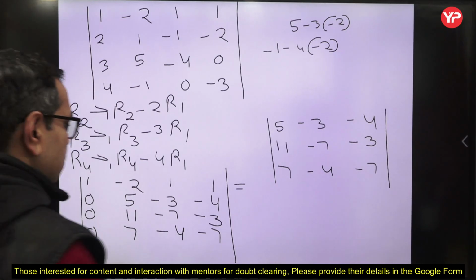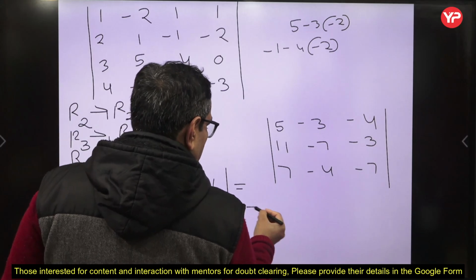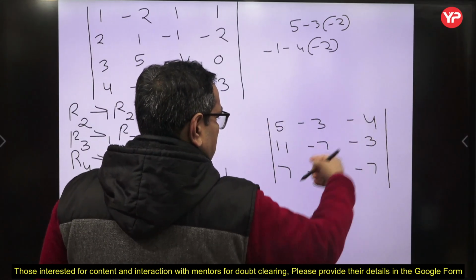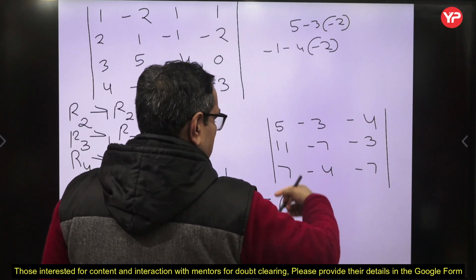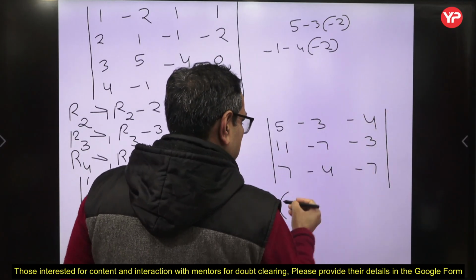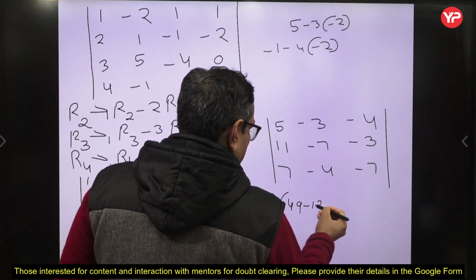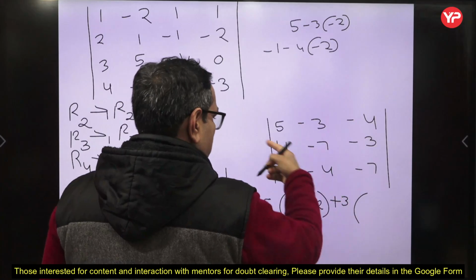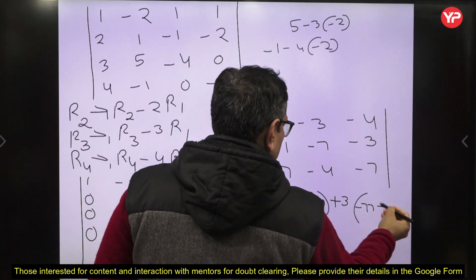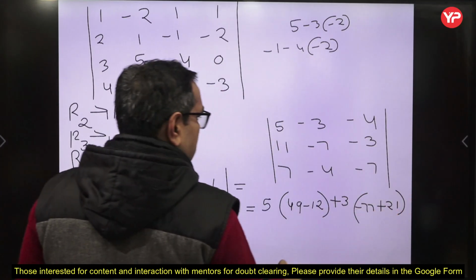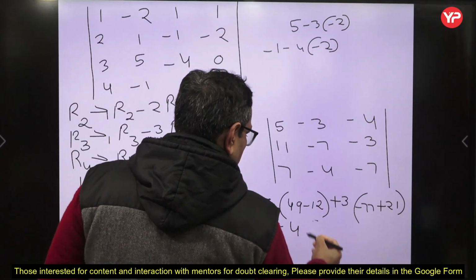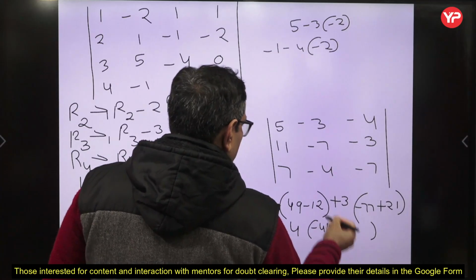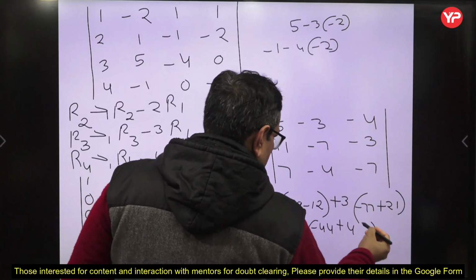Let us expand it along the first row. So 5 into bracket, hide this row and column, so minus minus plus 49 and minus 12. Then plus 3 into, hiding this row and column, minus 77 or plus 21. Then minus 4 into this product, minus 44 and plus 49.